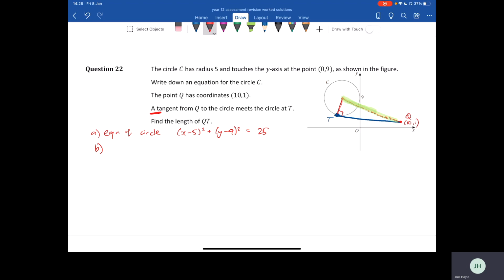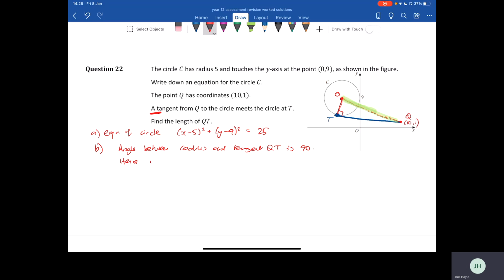So if I call the centre of the circle O, then I can see that the angle between the radius and the tangent line QT is 90 degrees.